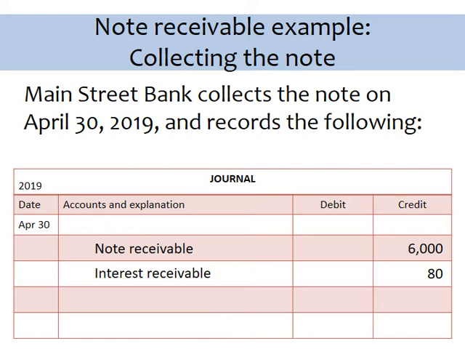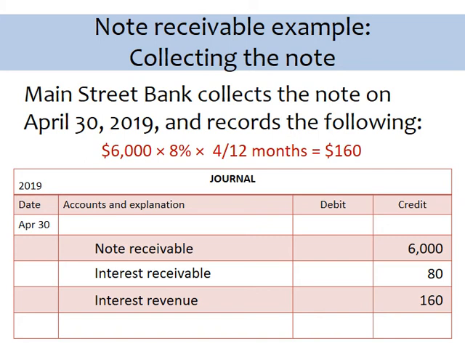Now we need to calculate the interest revenue for January through April, which is $6,000 times 8% times 4/12, or $160. The 4/12 is to adjust for the fact that this note was held for 4 months in 2019. We will credit interest revenue for the $160. Now we can go back to the top and do our debit to cash because we have all of the amounts.